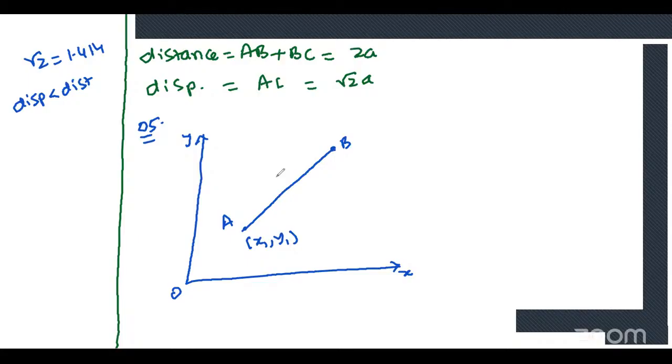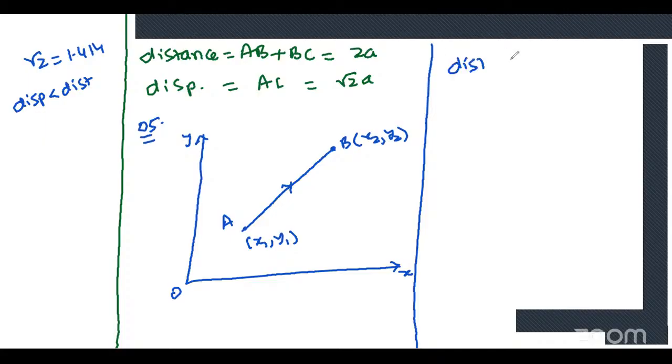Point B has coordinates x2, y2. In this case, I want to find the distance and displacement.